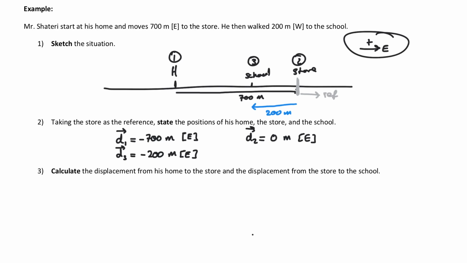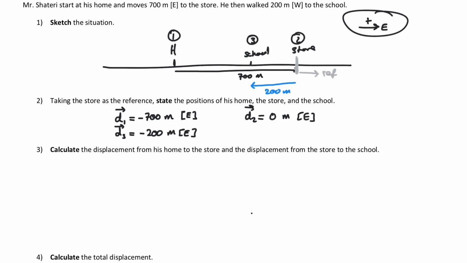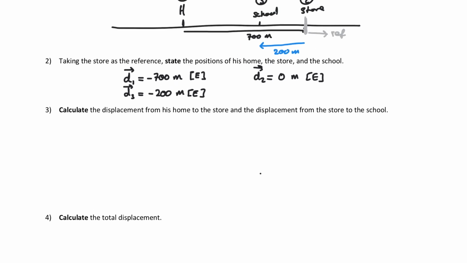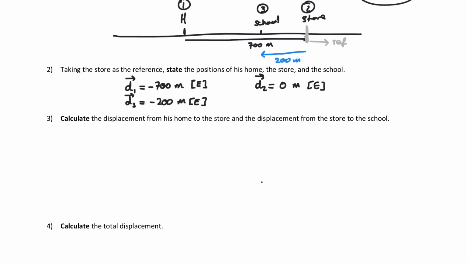I can do that. I'm going to move everything up, and actually I'm going to use the data so I can reference back to it. So the displacement from home, in this case number 1, to the store, number 2, is going to equal, based on the equations that we saw, position 2 minus position 1.